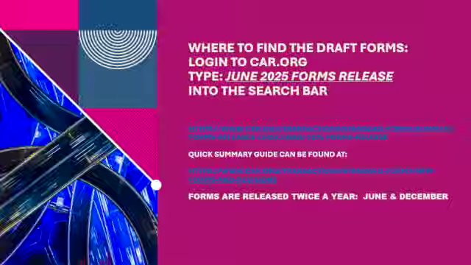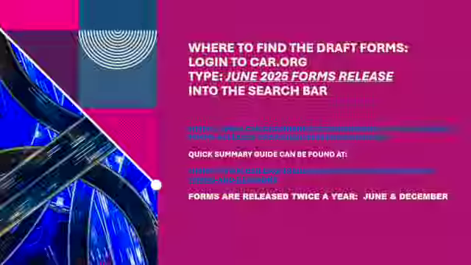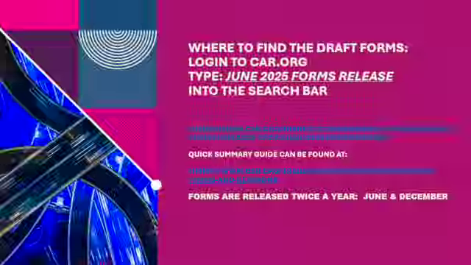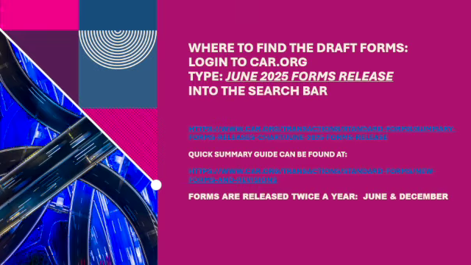The quick summary guide will be found there, but it also has its own URL, and I like going to that specific URL because you can find quick summary guides from way back that explain other forms that have come out in the past.